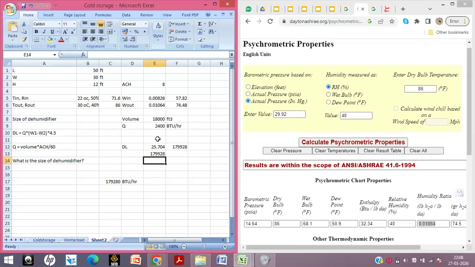Based on temperature and relative humidity, we get the humidity ratio from the psychrometric chart or from tools that give psychrometric properties. Using this correlation, we can easily figure out what our humidifier size should be.